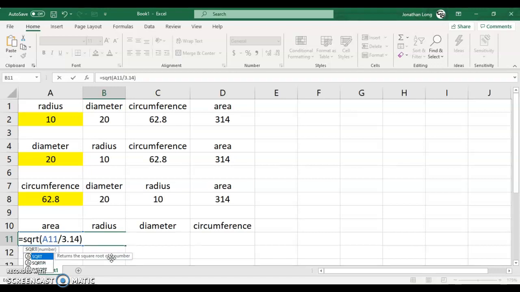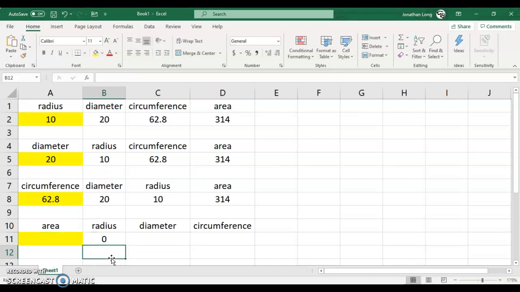So check your formula one more time. Equals SQRT parenthesis A11 divided by 3.14, close your parenthesis. And I'm going to hit enter. So I'm going to take the area 314 we've been getting, and guess what? I should get the radius of 10, which it matches up.